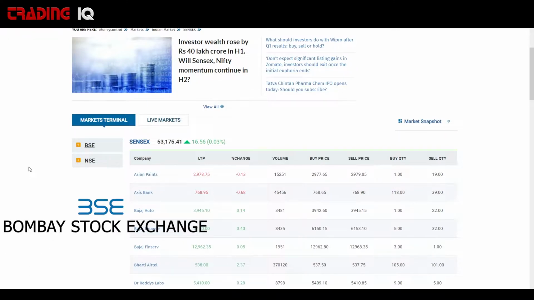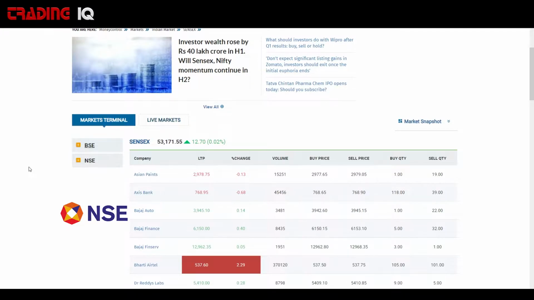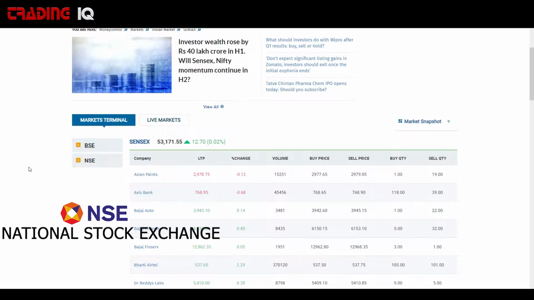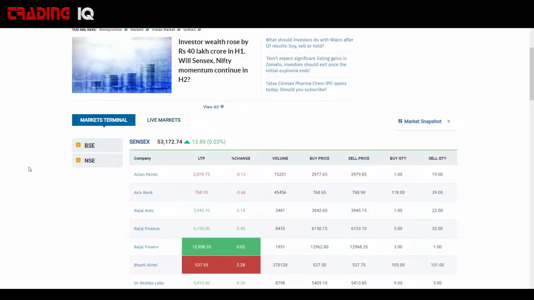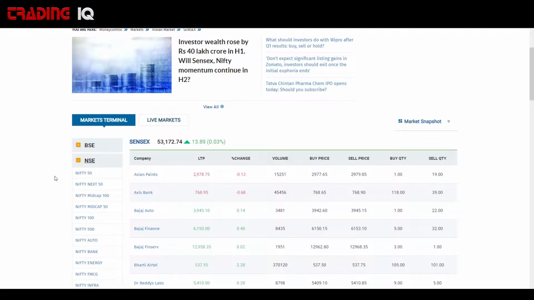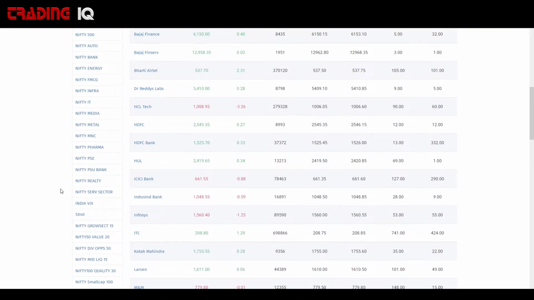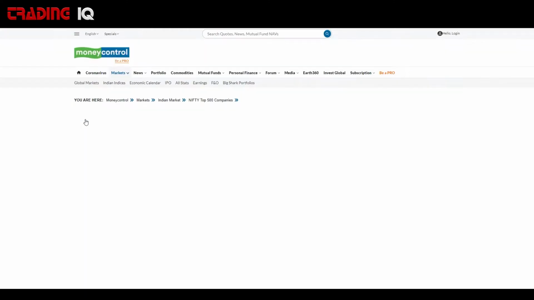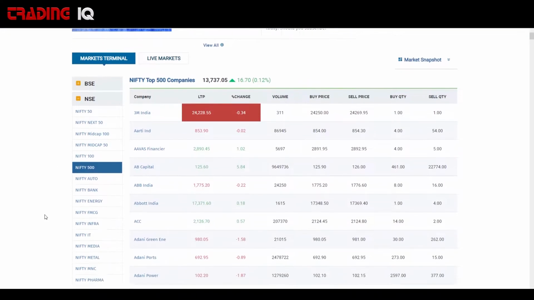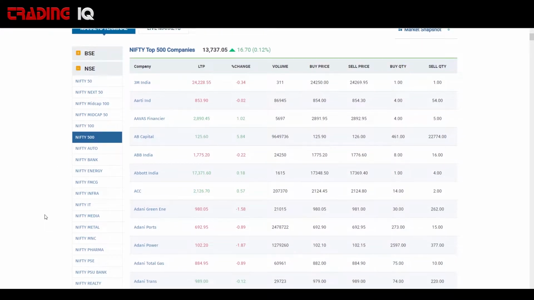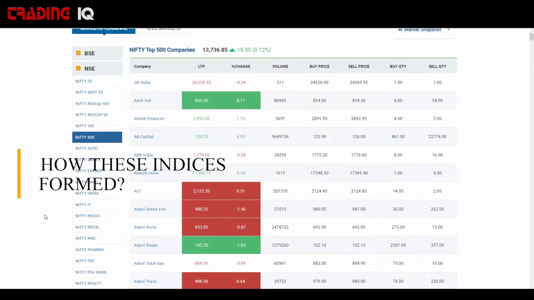BSE is Bombay Stock Exchange and NSE is National Stock Exchange. So we can trade in either exchange. Now for NSE, we have these many indices, and under each of these indices, we have a set of stocks, right?